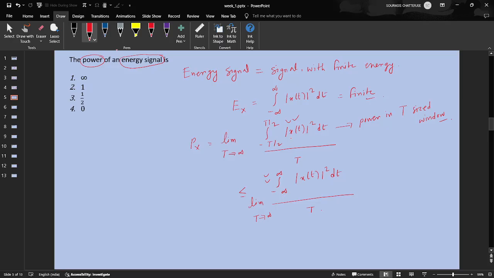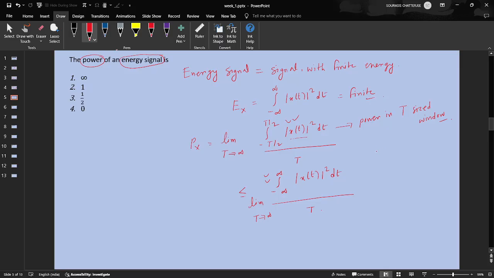And since the integrand here is absolute value square, it's positive, so if you integrate a positive quantity over the entire range, it should act as an upper bound over any smaller range. So when I say T-sized window, it's a subset of minus infinity to infinity.